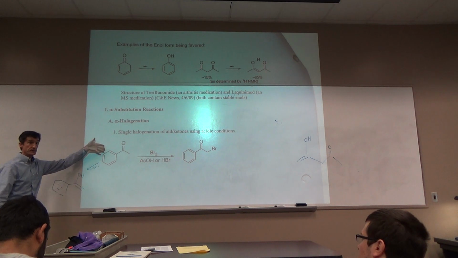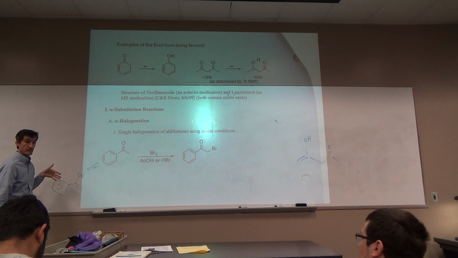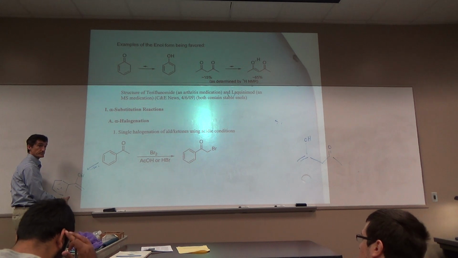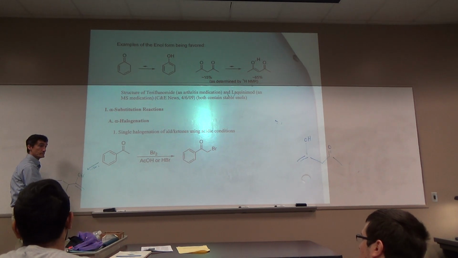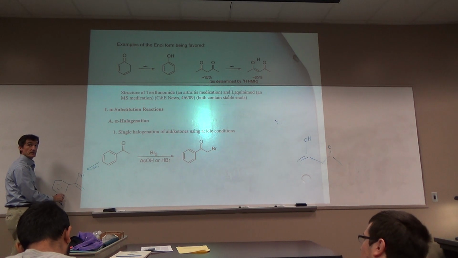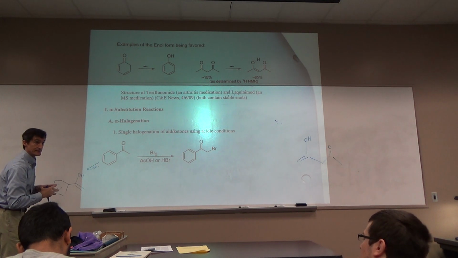And we showed this mechanism on the previous page, right? How to get here. Now on a quiz or something, you can't just say enol. You need to show the mechanism for getting here. But the enol is what really is the reacting species.